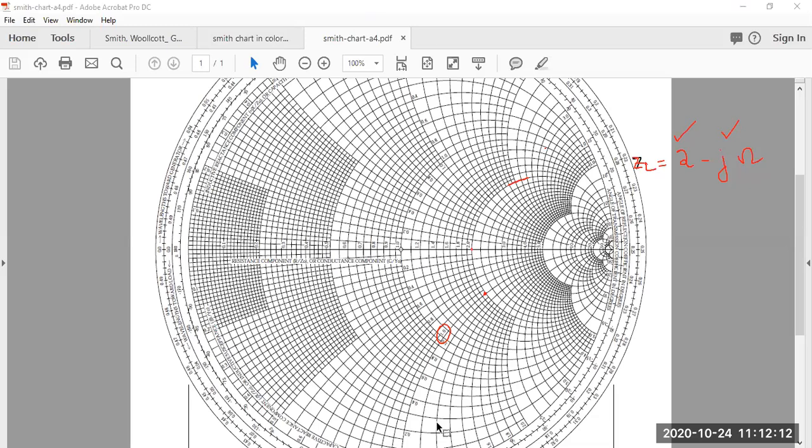This is the resistive circle. You don't need to mark it on your Smith chart, I'm just drawing it for your understanding. Then you find the reactive circle, which is this one. They intersect here, so this is the location of your ZL.